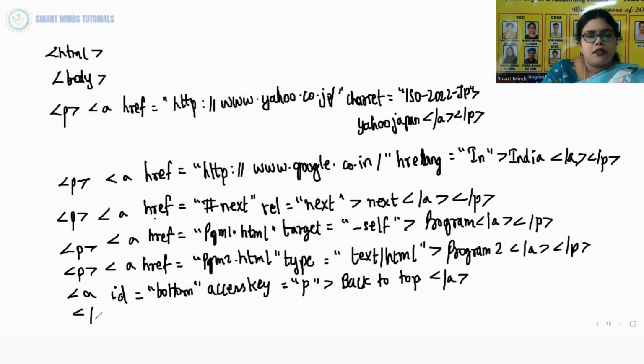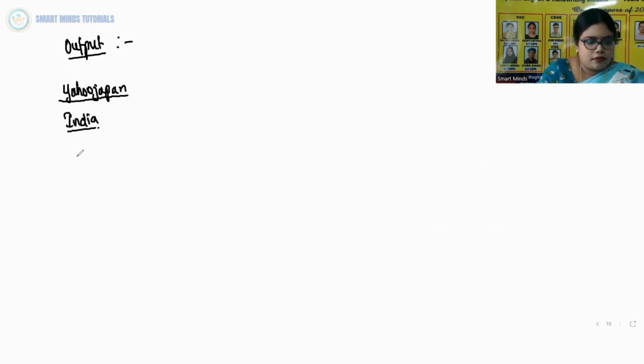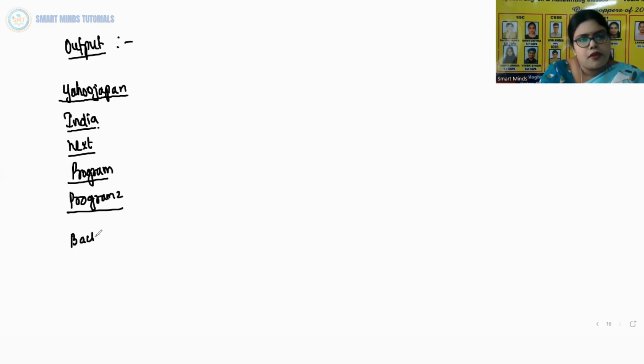Slash A, then slash body, and at last slash HTML. So I'll show you how the output comes over here. The output will be like Yahoo Japan with an underline which shows that it is a link. Then India. Next. Program. Program 2. Back to top.